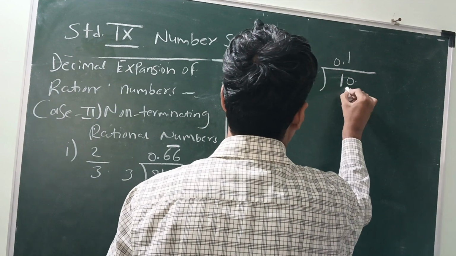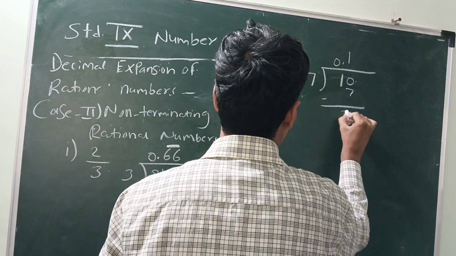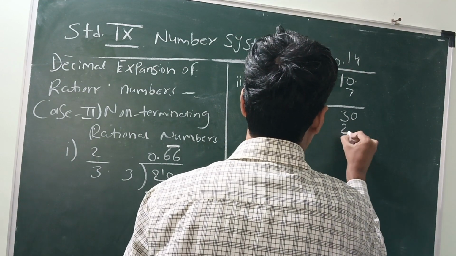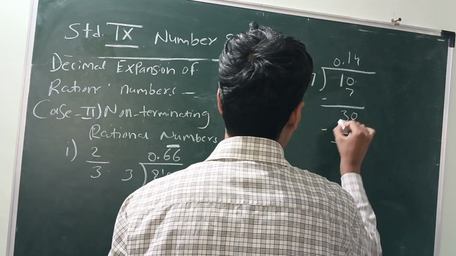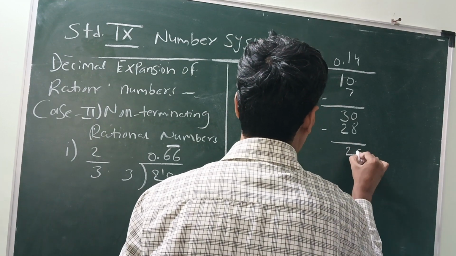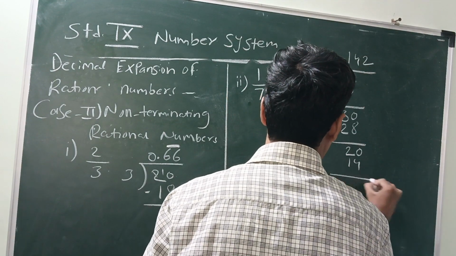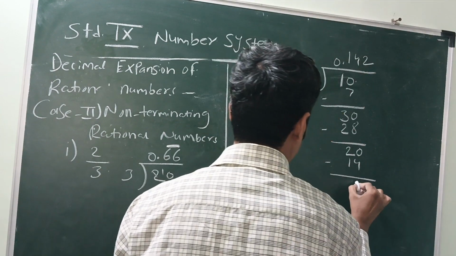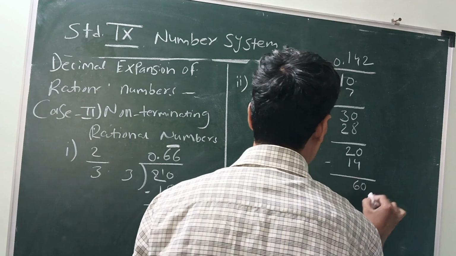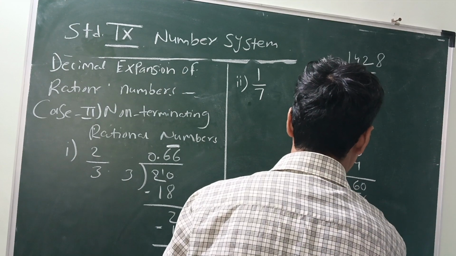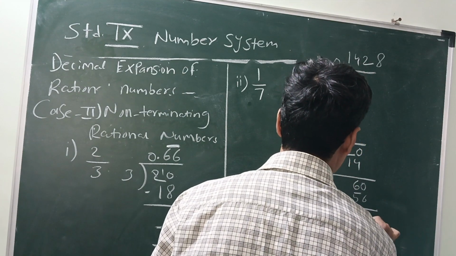Here 7 ones are 7. 10 minus 7 is 3. So again add 0 here. 7 fours are 28. 30 minus 28 is 2. Again add 0 here. 7 twos are 14. 20 minus 14 is 6. Again 0 here. 7 8s are 56. 60 minus 56 is 4.